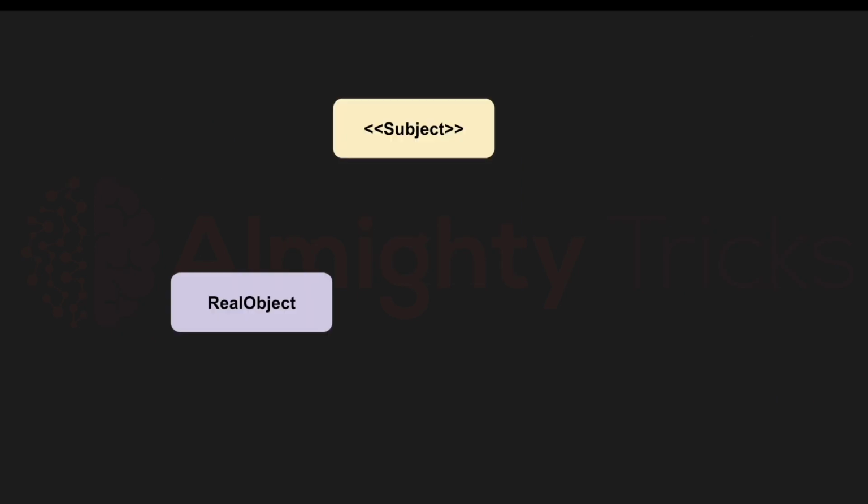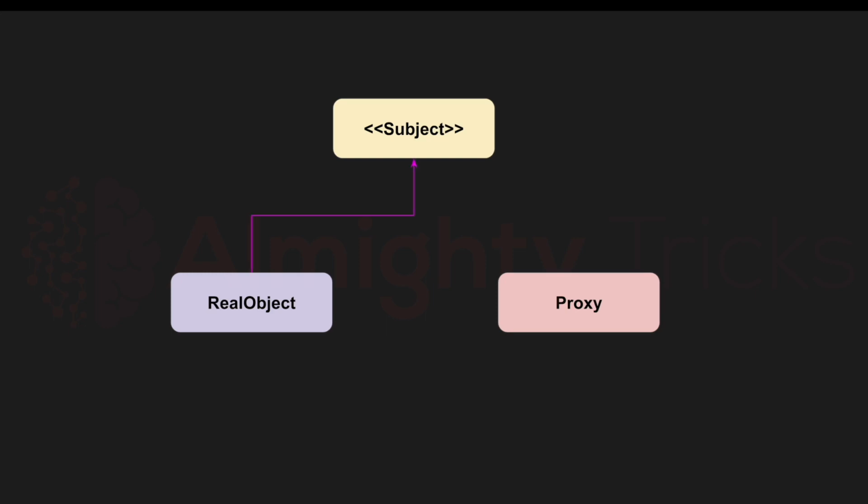Now let's understand the structure of this proxy design pattern. We will have the real object, and we will have the subject, which is an interface or abstract type, and we will have the proxy. The real object will implement this interface, and the proxy will also implement this interface, and the proxy will hide the real object.